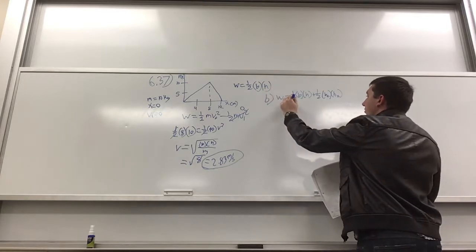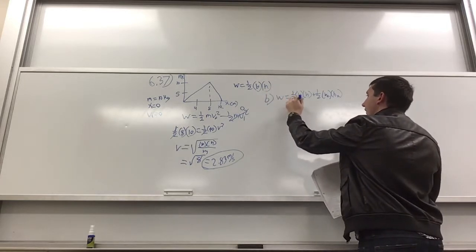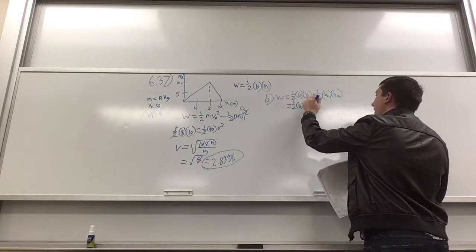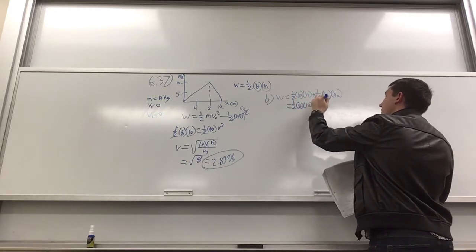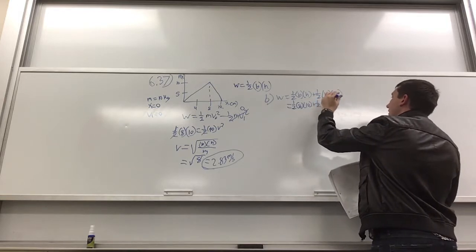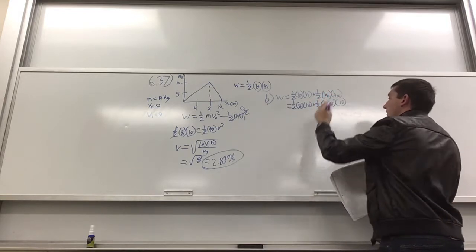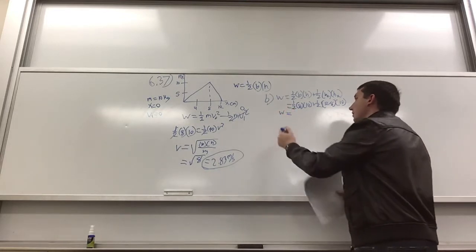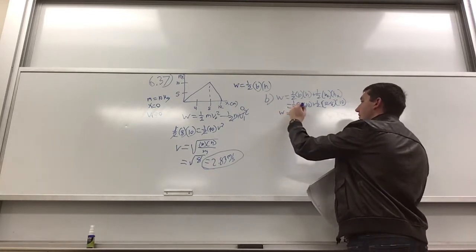So that's going to be equal to 1/2 8 times 10 plus 1/2 12 minus 8 times 10. And so we get that the work is going to be equal to 60 joules.